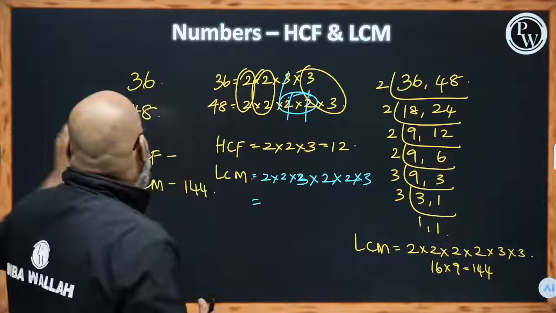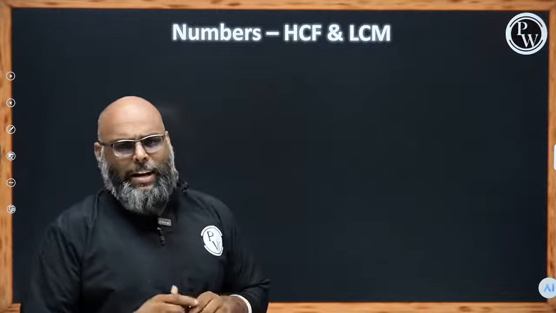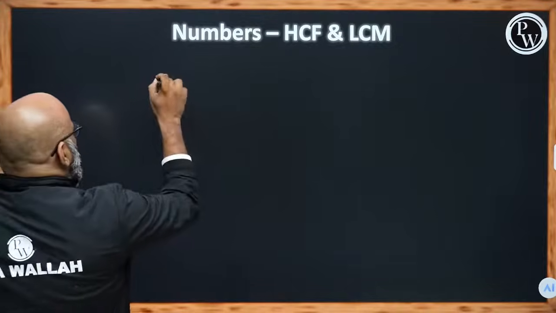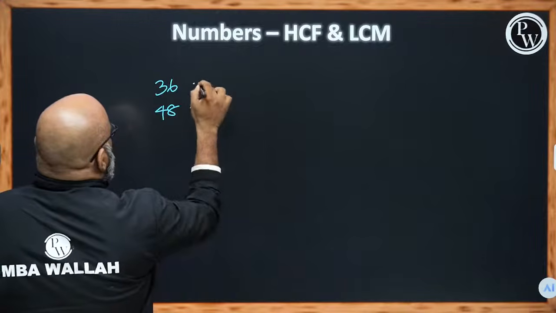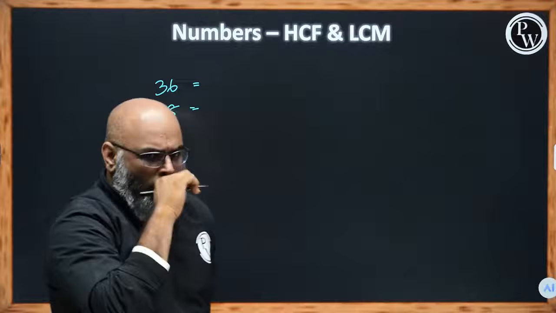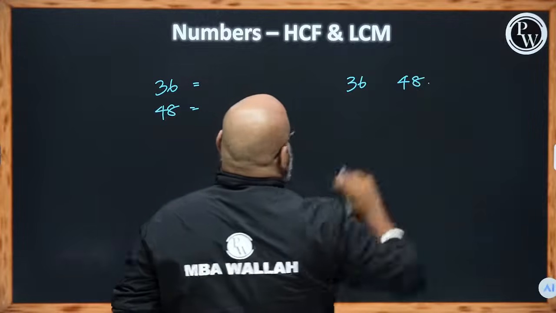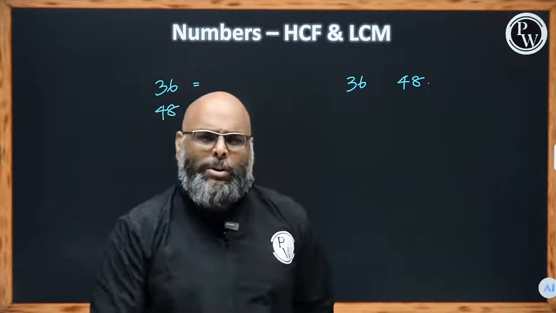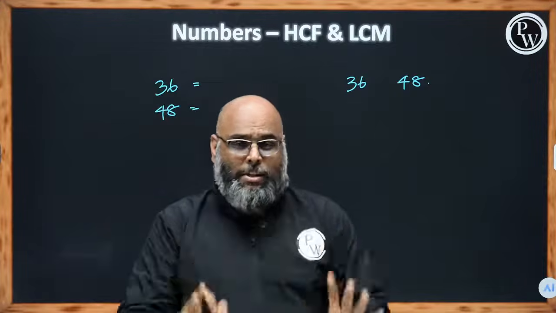But for LCM, I want to give you one nice idea. If it is 36 and 48, the LCM of 36 and 48, all you can simply do is, whatever ratio the numbers are in, write it in the simplest form.